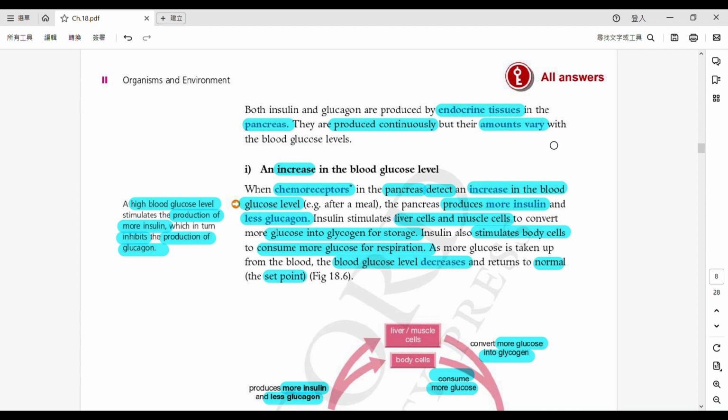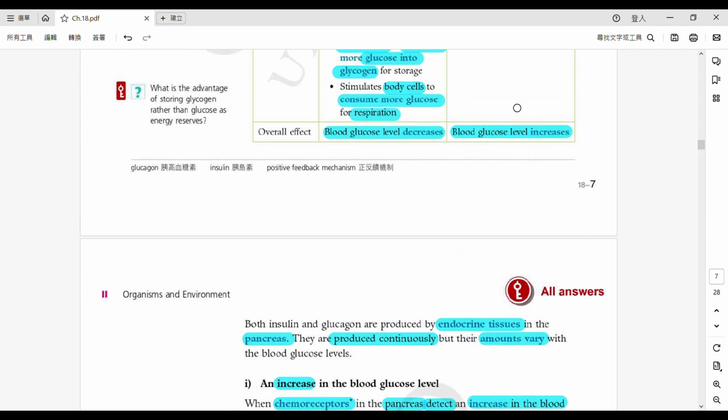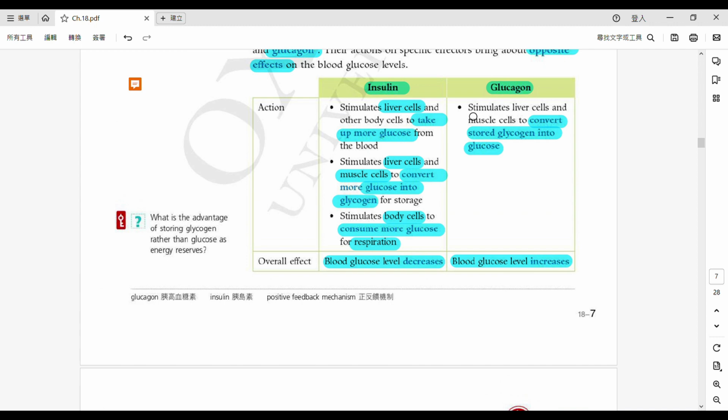That means their amounts will be different. Alright, so it's not like when the blood glucose level is too high, I'll only produce insulin but not glucagon. It's not like that. Okay? On the other hand, when the blood glucose level is too low, I want to increase it, so therefore I'll just produce glucagon.